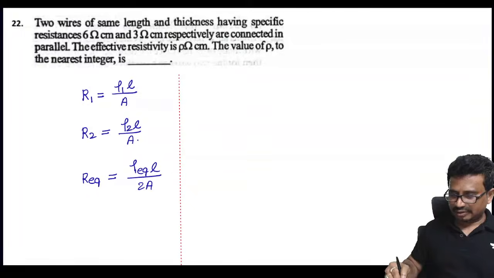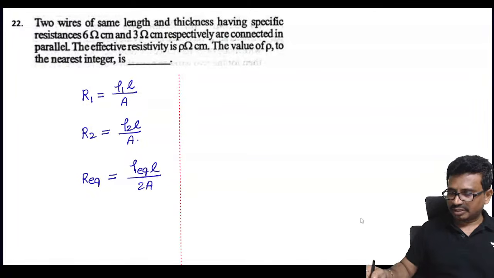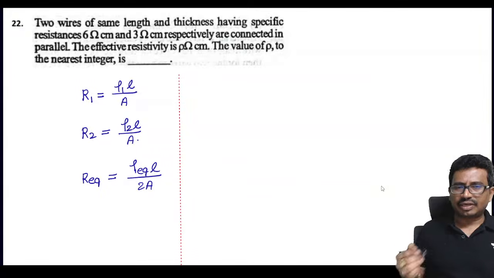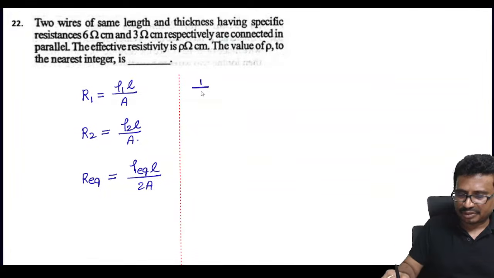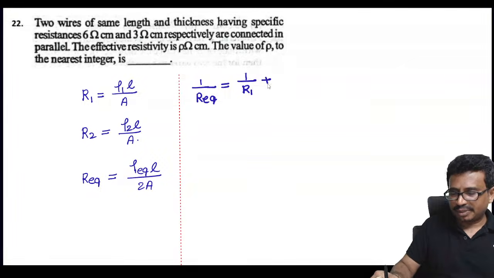Connected in parallel. So when two resistors are connected in parallel, the equivalent resistance is given by 1 by R equivalent equal to 1 by R1 plus 1 by R2.